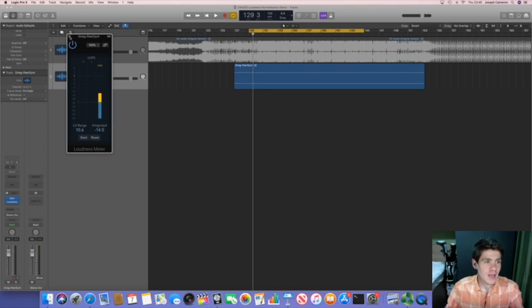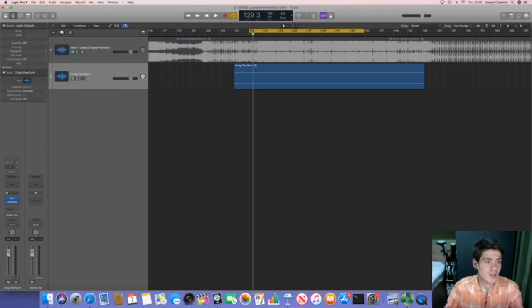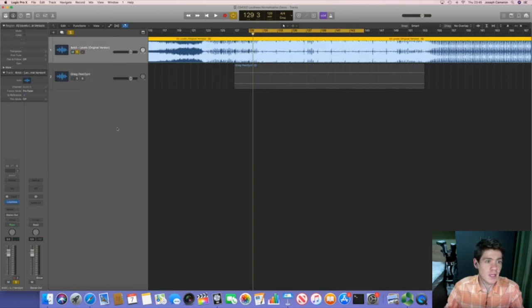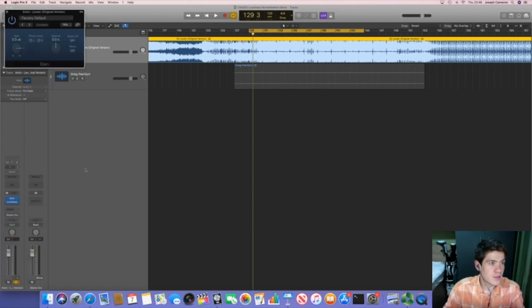Now let's apply the same process to Levels. If we go to Levels, I remember that Levels was minus 7.4 LUFS. To normalize this to minus 14 LUFS, we essentially just lower the level by 6.6 dB. So let's get a gain meter on there and take away 6.6 dB of level.